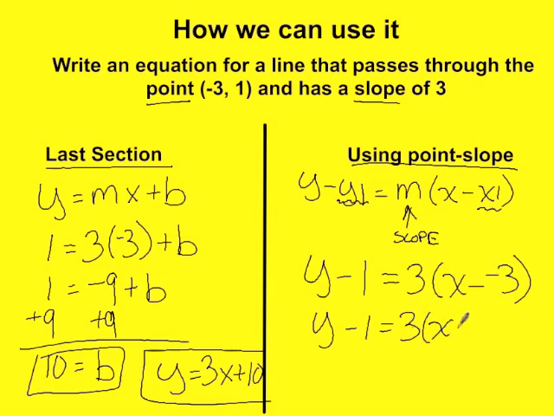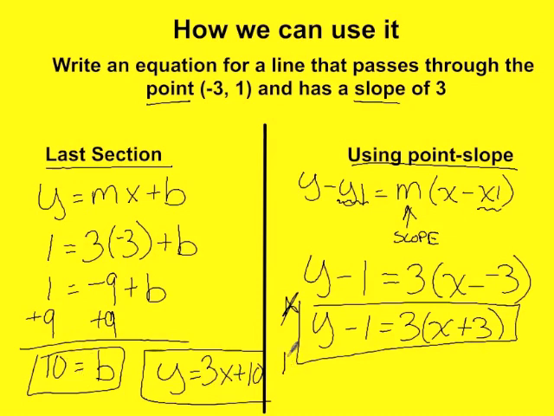When we subtract a negative, it's the same as adding, and we get our equation like that. All we need to do is plug in our y, our x, and our slope, and we have point-slope form. It's only one step compared to doing all these steps, solving for the y-intercept, and creating this. Much easier and much quicker to work with.